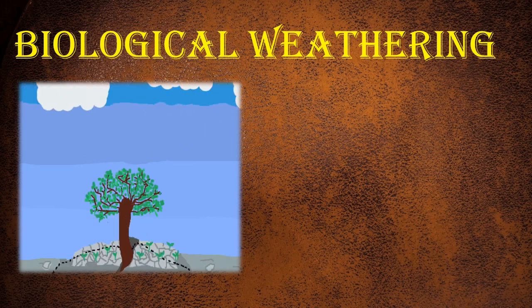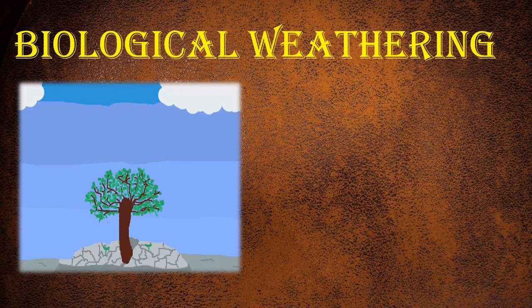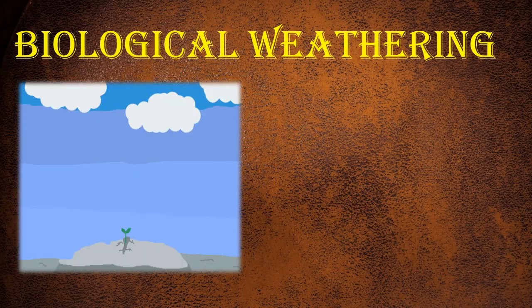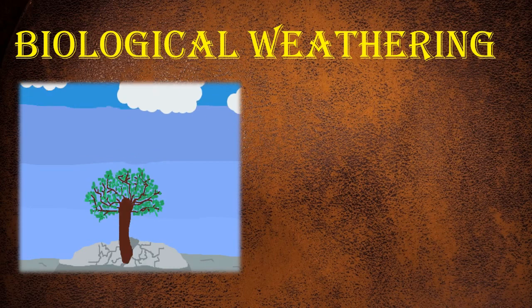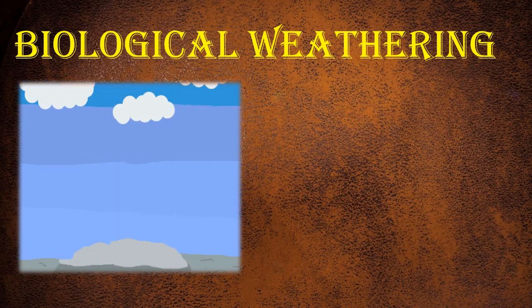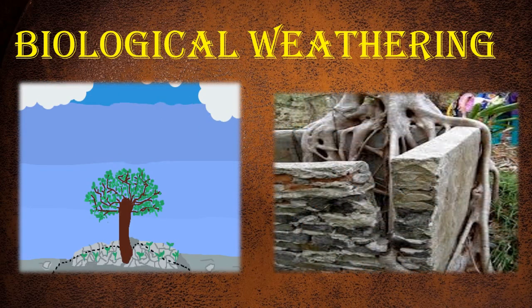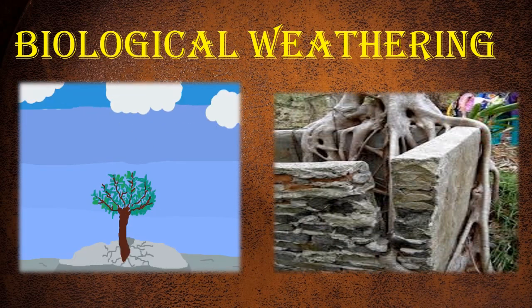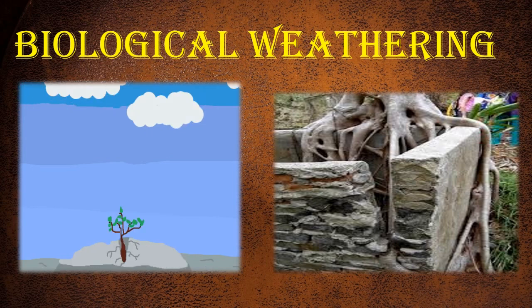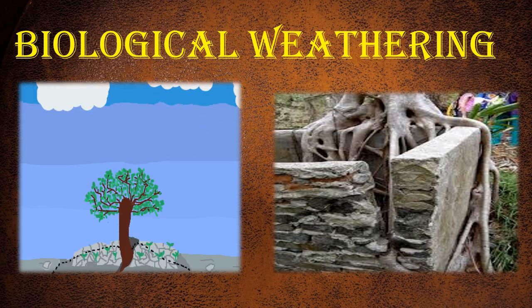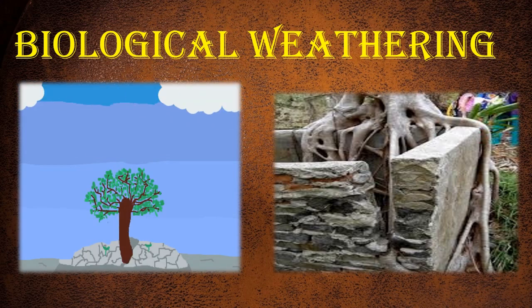These roots grow bigger over a period of time and create tension in the rock and start breaking them. As you can see in another image, the roots of the plant create tension in the rock and start breaking them. So students, such weathering is known as biological weathering due to plants or trees.